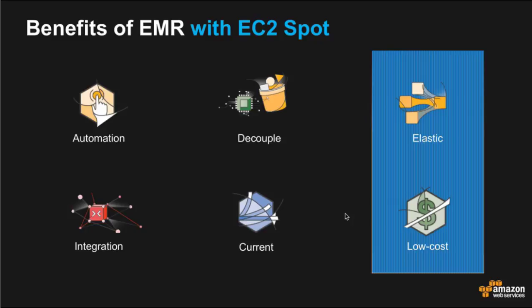In addition, we also spoke about decoupling the compute and storage, which will enable you to amplify the benefit by leveraging EC2 Spot for the compute aspect of your cluster. There are also aspects related to integration, where EMR allows you to integrate with other AWS services like CloudWatch, Kinesis, and so on.